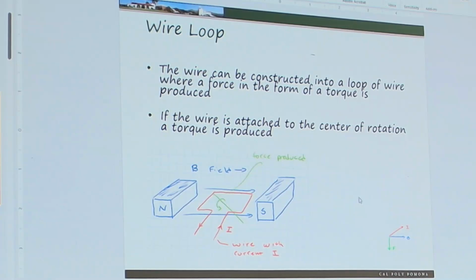Is the word voltage anywhere on that slide? No. Does everybody see the word voltage? What is the electrical term we're using right here? Current. What is the mechanical term we're using? Torque.